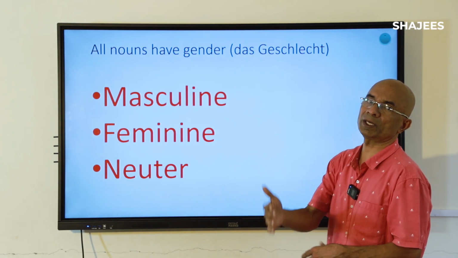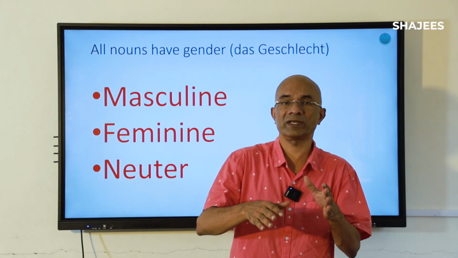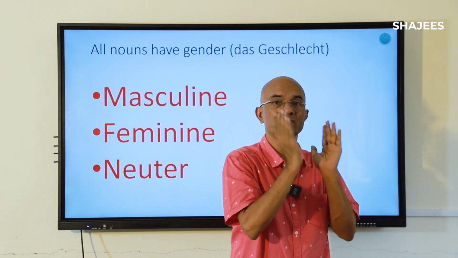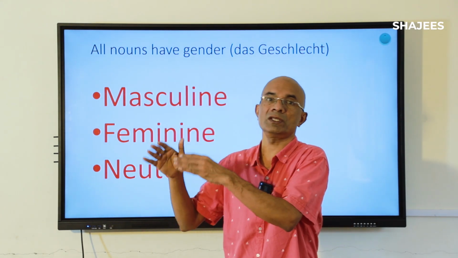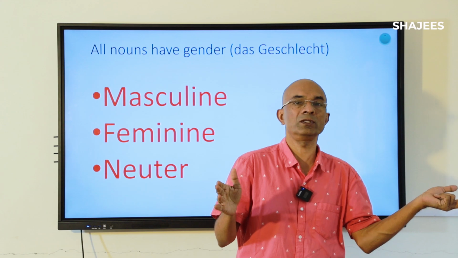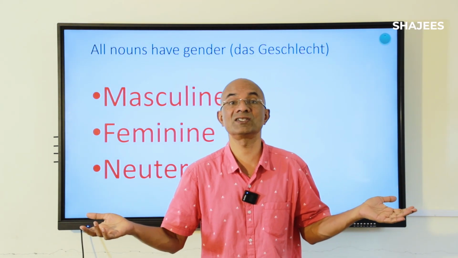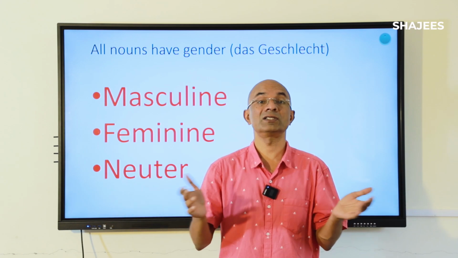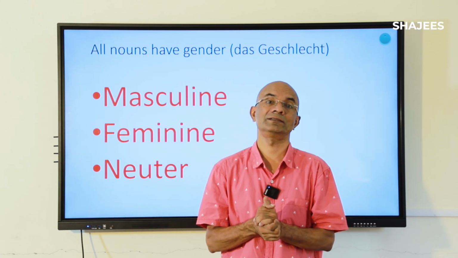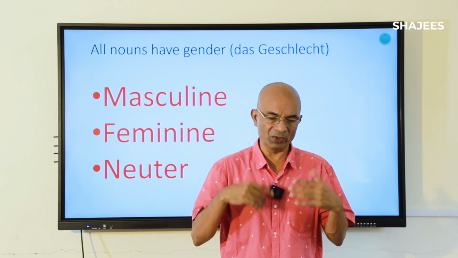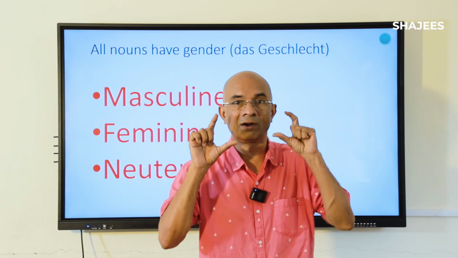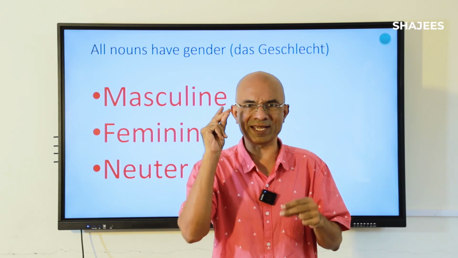We are familiar with it, but the problem is, for example, stone we know is neutral, girl we know is feminine, boy we know is masculine. But girl, Mädchen, we call das Mädchen. So that's the difference here. We'll learn systematically, and don't worry, we are going to get it.